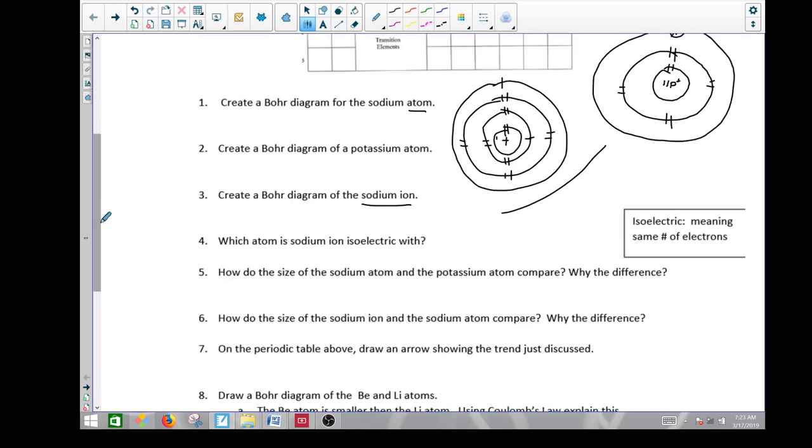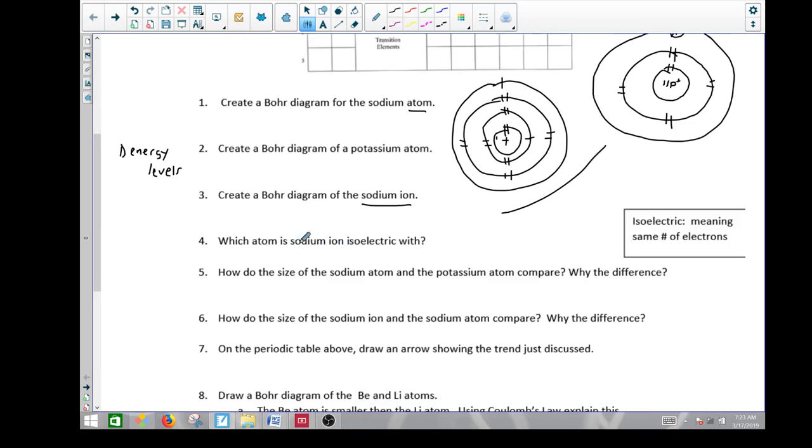Well, whenever I'm looking at comparing atoms, the very first thing I look at is energy levels. And as I just mentioned, these are the rows of the periodic table. So, for example, the sodium ion is smaller than the sodium atom because it lost an entire energy level.